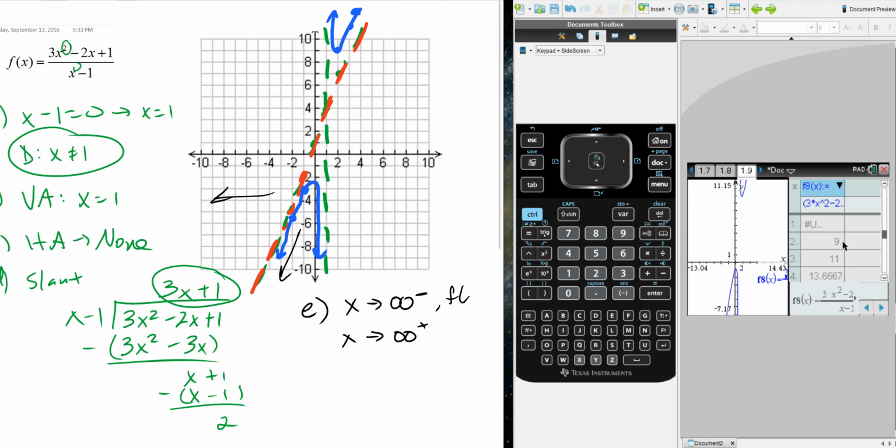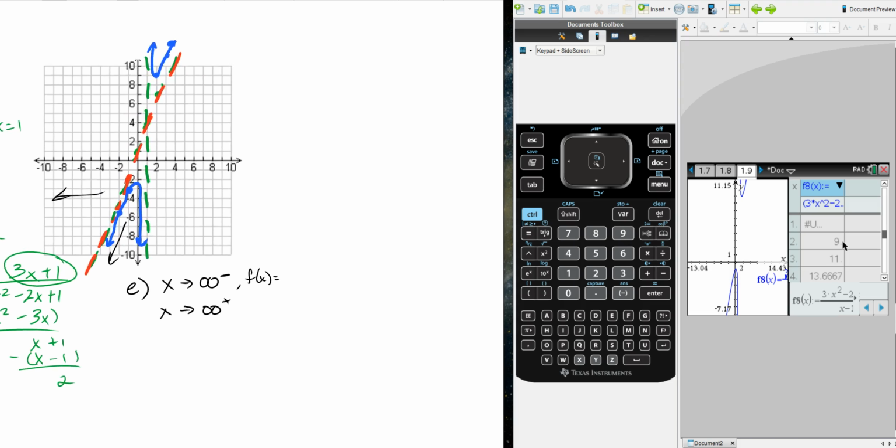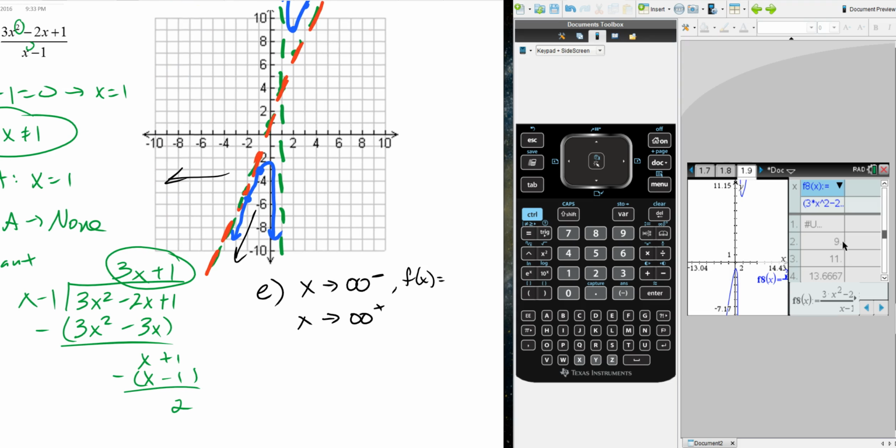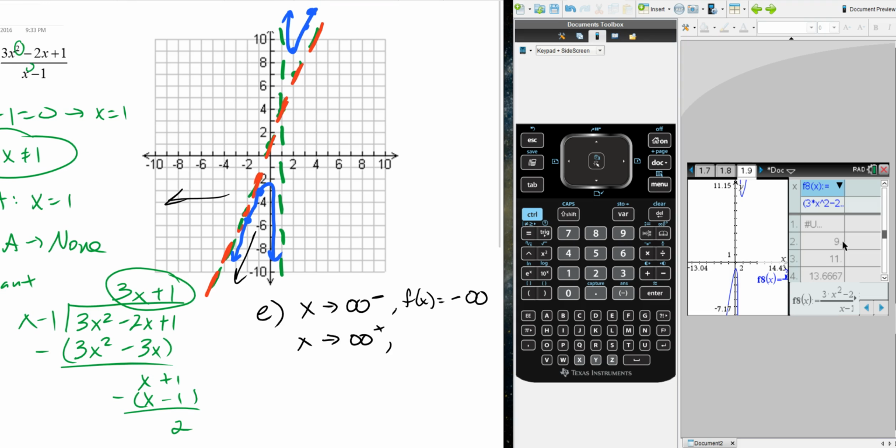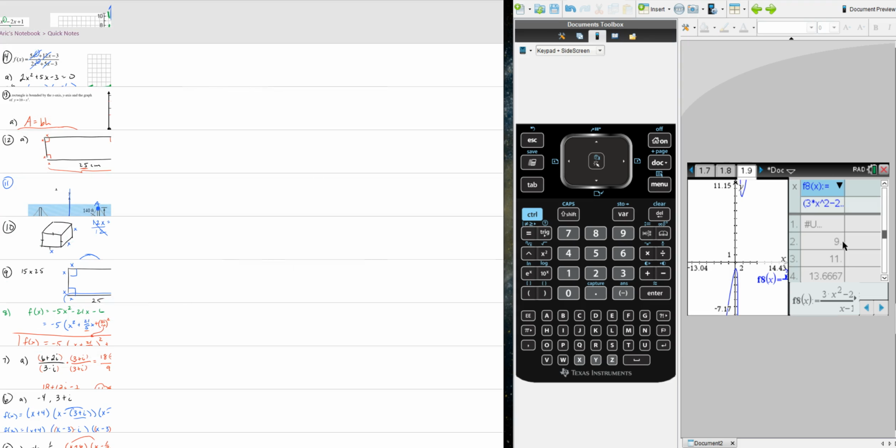So we can say that f of x also goes to -infinity. And for the other side, x goes to +infinity, so we're looking this side as far as we can go. As I look at my graph, it's going up, so we can say that f of x goes to +infinity.